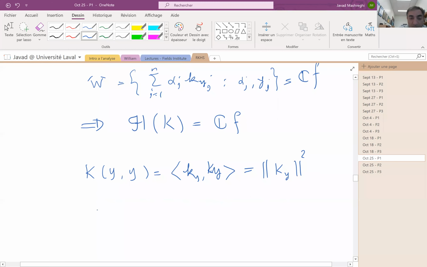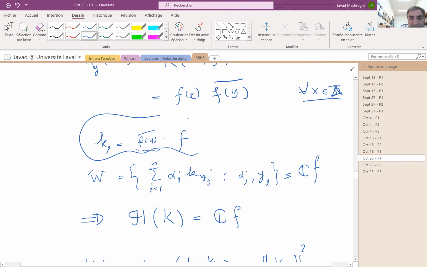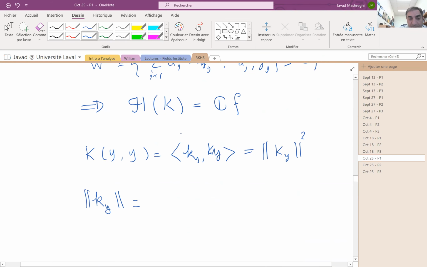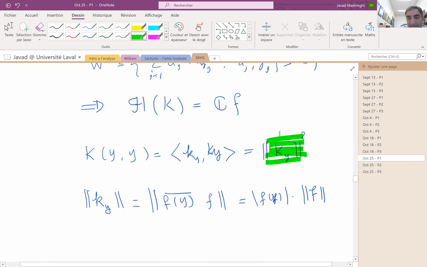The norm of k_y is calculated here: it is the norm of f(y) bar as a coefficient times f. So the coefficient comes out and the function stays. And this is precisely what we want to calculate, the norm of f. So that's what this part gives us.